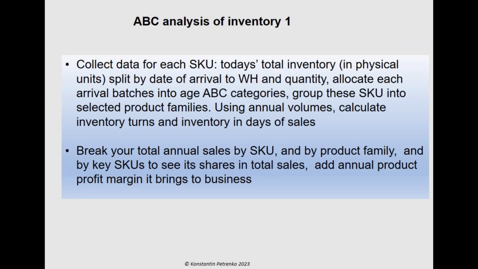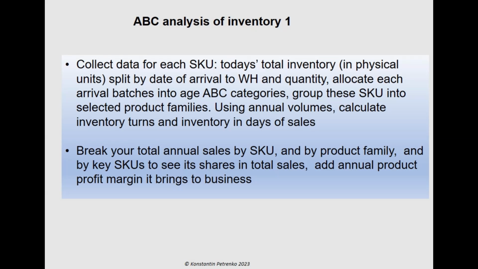To start, get a proper extract from your warehouse system for each SKU, at level of batches arrived at warehouse, date and quantity. Then make an Excel table for all SKUs with columns: product family, SKU, batch arrival date to warehouse, batch size, and value.